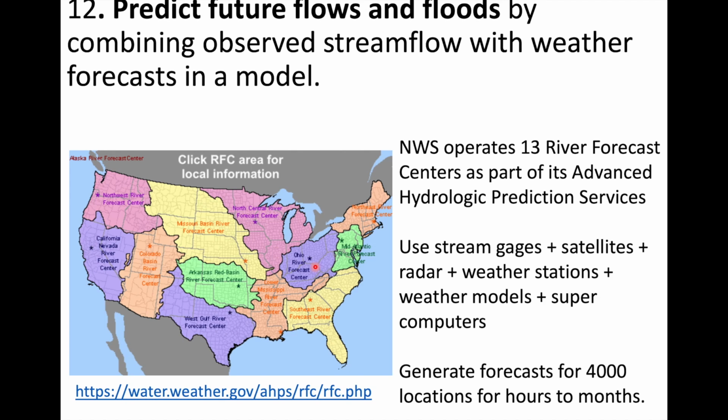The forecasters at the Ohio River Forecast Center are going to be pulling in stream gauge data. They're going to be looking at satellite data for the amount of precipitation likely to occur, radar data, weather stations, weather models, supercomputers, all the fancy stuff to make predictions about whether flooding will occur, and if it occurs, how high it occurs.